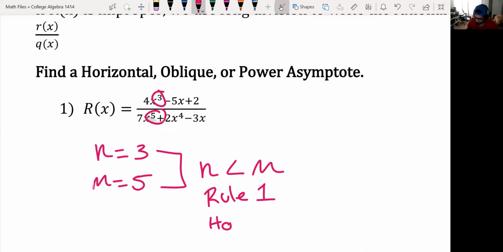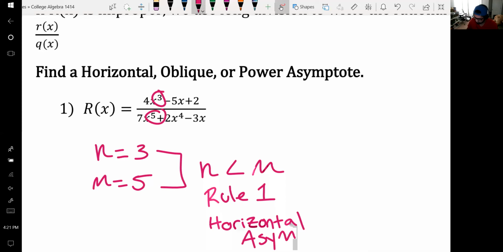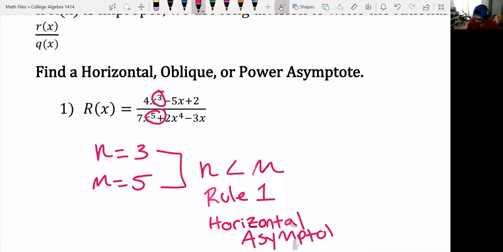So this gets a horizontal asymptote of y equals 0. Sorry, hopefully I didn't say 1 earlier. Rule 1, horizontal asymptote, automatic y equals 0. That's it. That's what rule 1 states. Nothing more to it. Okay.